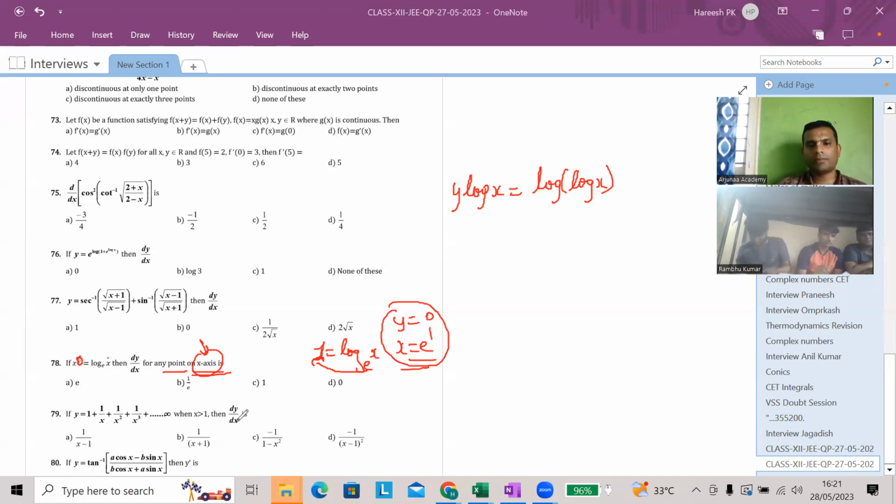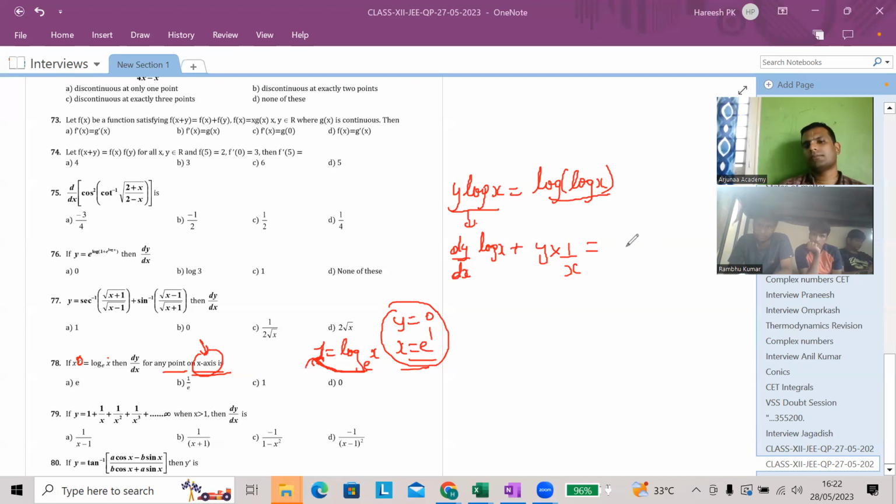Okay. Yes. So now how do we find x? To find x, this e will go up. So once you know x and y, now differentiate on both sides using the product rule. Tell me, Sheshadri, what do we get here? dy by dx into log x, plus y into 1 by x.